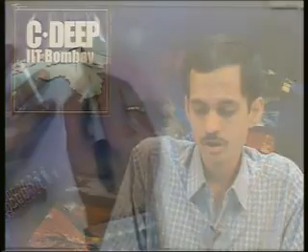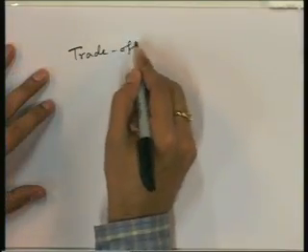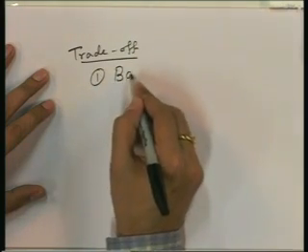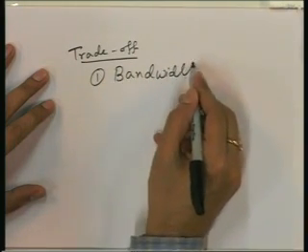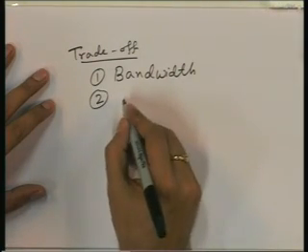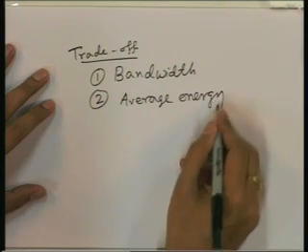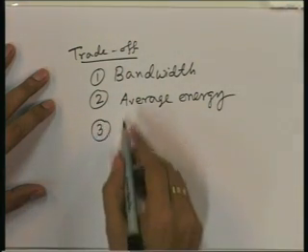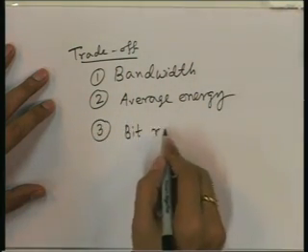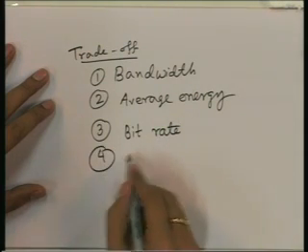So, there is some trade off between all these four: bit rate, average energy transmitted, probability of error, and bandwidth.